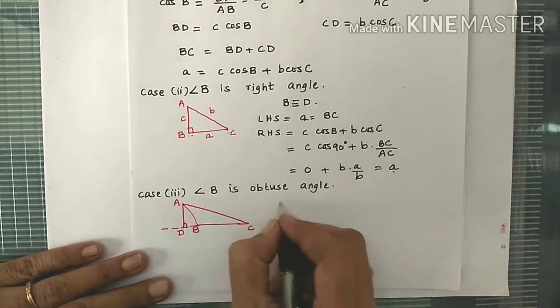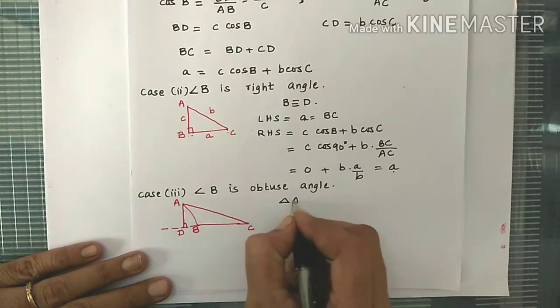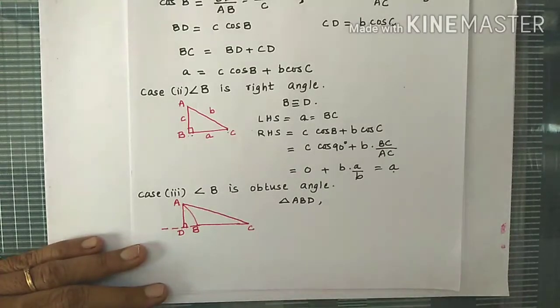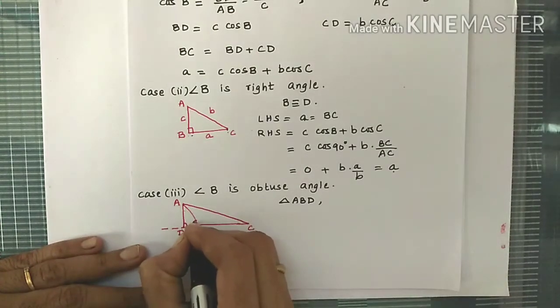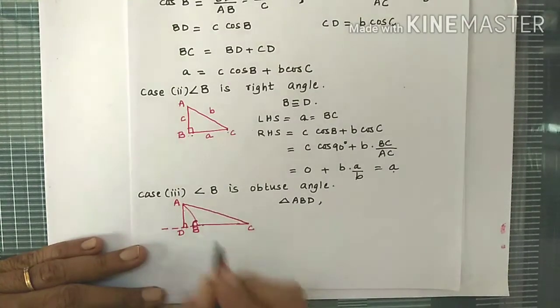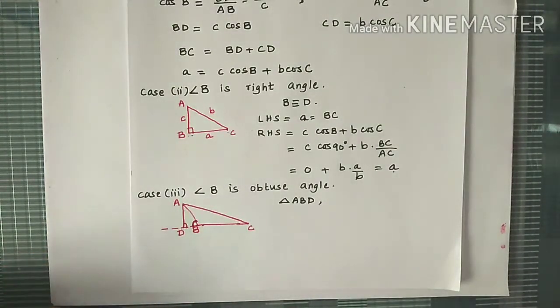If we take triangle ABD, this angle and angle B are supplementary angles.